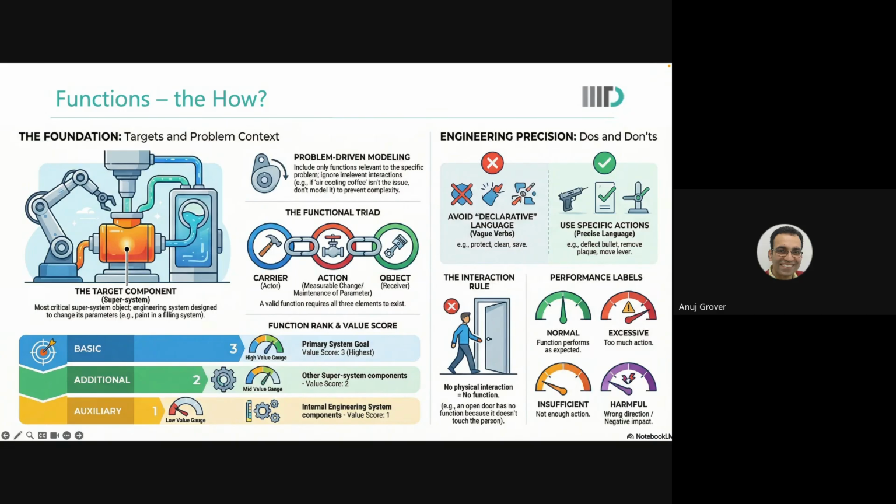To additional functions, we gave a value of 2 units. And then we said that there are many functions happening within the system, within the components of the system. These are auxiliary functions. We gave them a value of 1. Now, this was one way of ranking that we had used. This is not the only way of ranking.